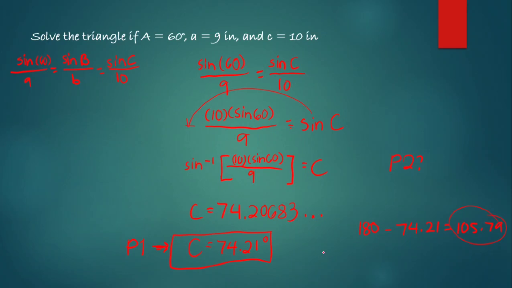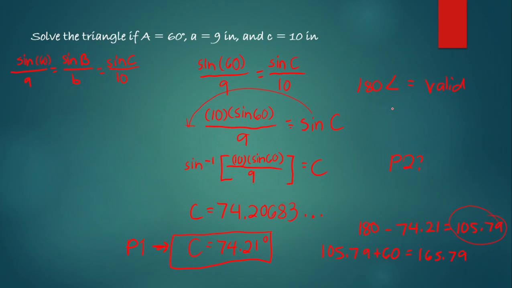What we're going to do is to get the result and add it to the angle given, which is 60. And if it is less than 180, then it would be valid.